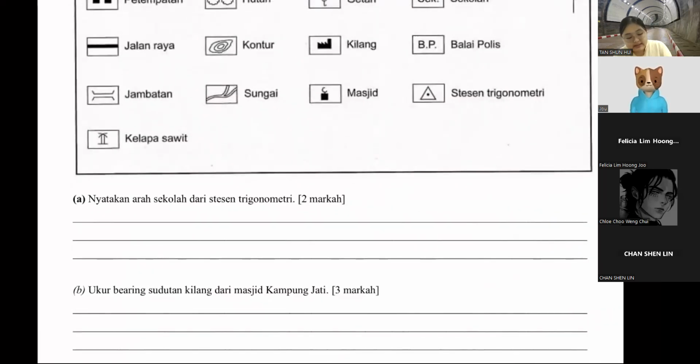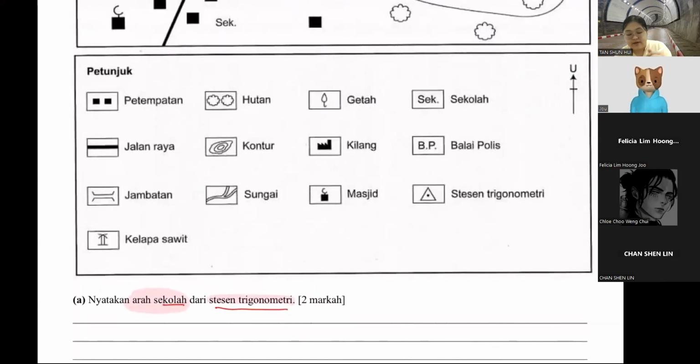They say, nyatakan arah sekolah dari stesen trigonometry. Most of the time, they will come out like this. So you got to find out sekolah and trigonometry first. If you cannot remember which one is sekolah, find here. Sekolah symbol looks like this, right? And then they want the word dari, from.